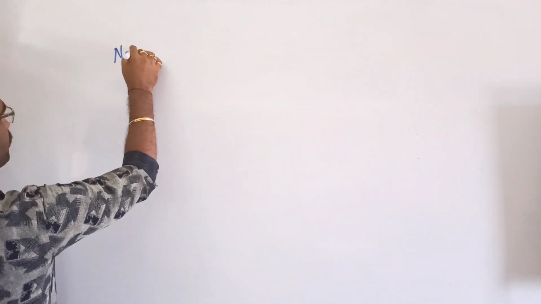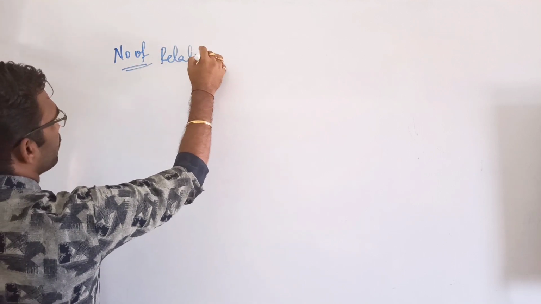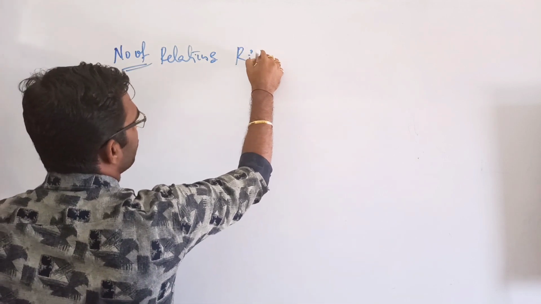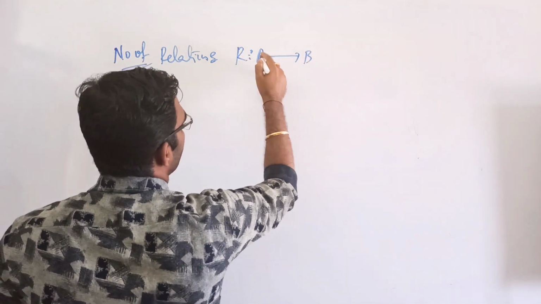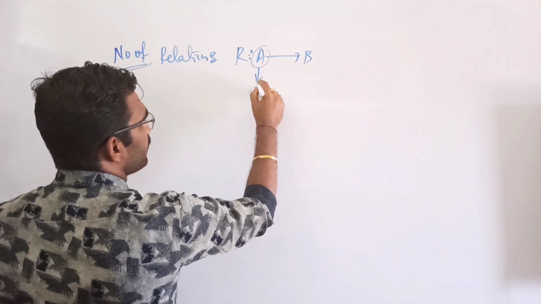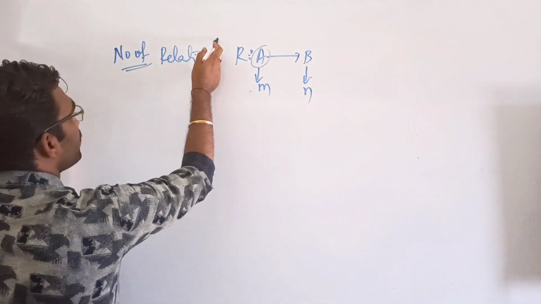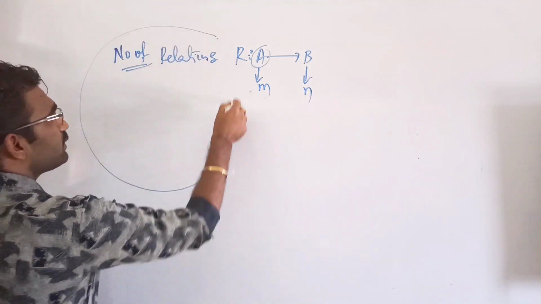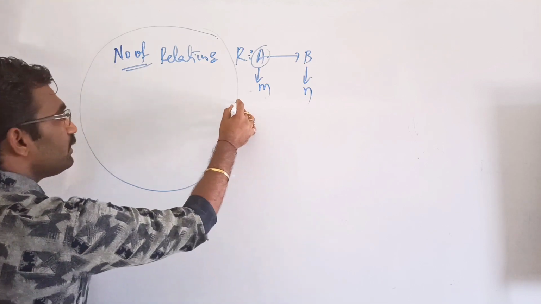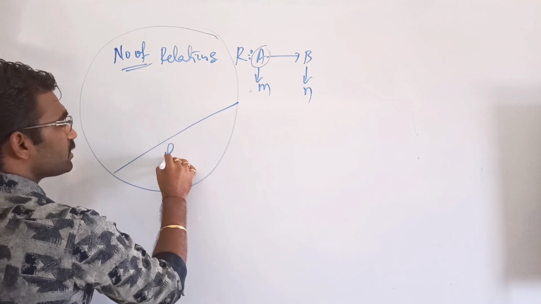The number of relations from A to B, where the set A has M elements and the set B has N elements. We know that this is the set of relations. Among these, not all will be functions. Some will be functions, some will not be functions.